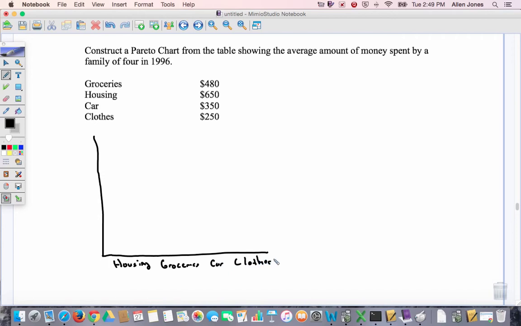So there's the first characteristic of our Pareto chart. Our categories are arranged in descending frequency order, 1, 2, 3, and 4. Over here on the y-axis, we have some choices as far as putting our frequencies on here. I'm going to go from 0 up to basically 650 or 700, so I'm going to go by 50s.